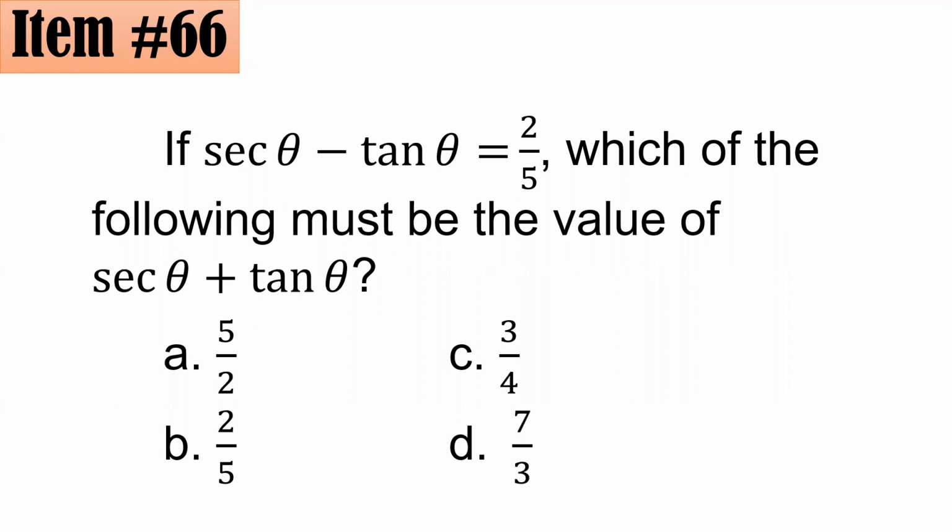So I'm very happy, sir, that you are aware of the calculator technology. That is actually a very good thing. And actually, there is another way without actually solving for the value of theta po. And that is by using identities.